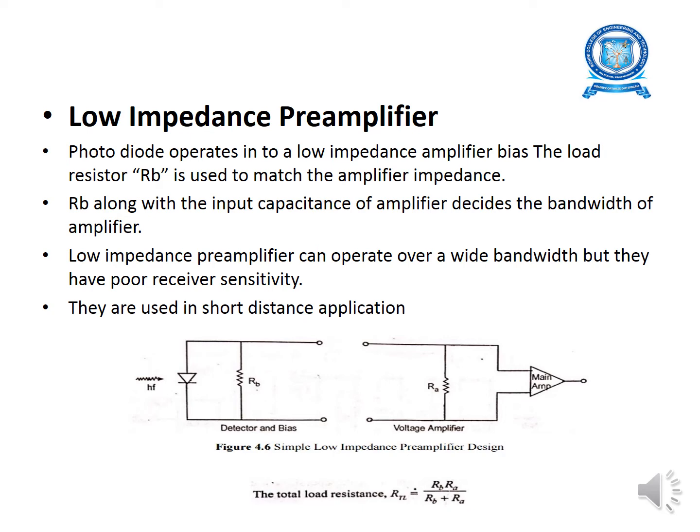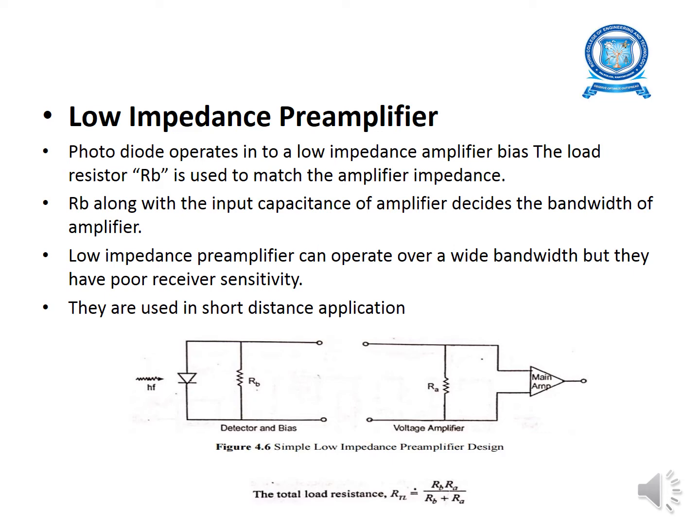Here a photodiode operates into a low impedance amplifier, and a bias or load resistor RB is used to match the amplifier impedance, along with the voltage amplifier with an effective input resistance RA. RB along with the input capacitance of the amplifier decides the bandwidth of the amplifier unit. The preamplifier bandwidth is equal to or greater than the signal bandwidth.